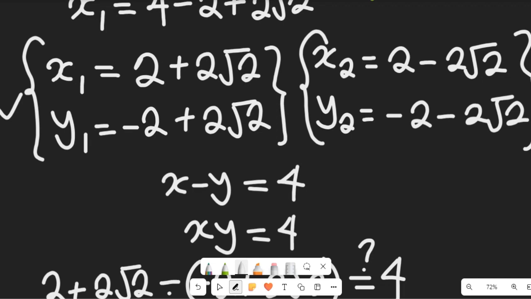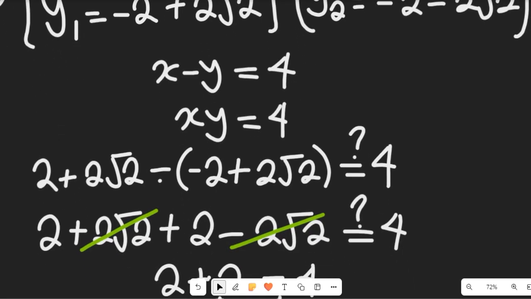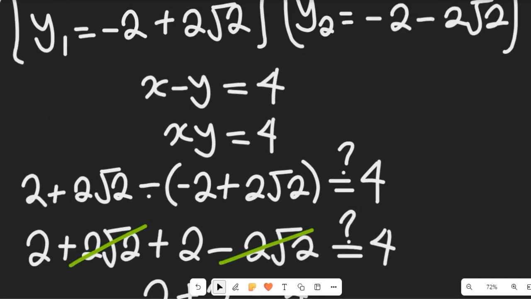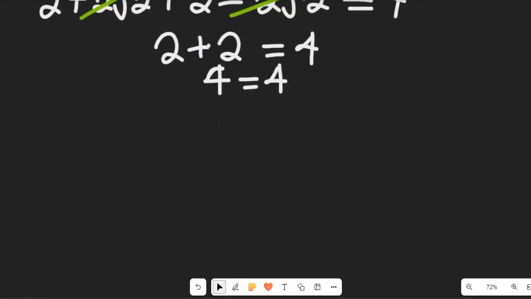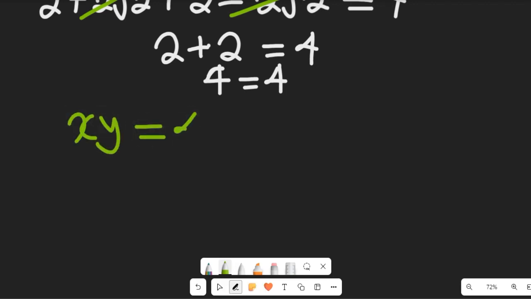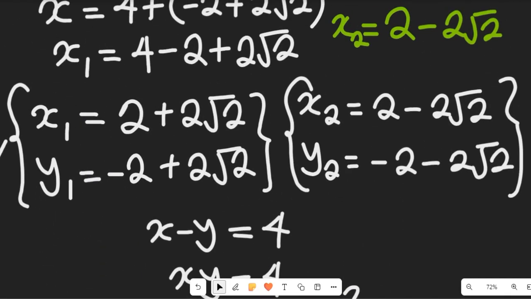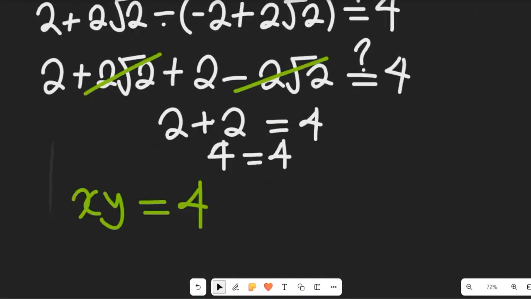Now let's try the second one using xy equal to 4. From the second one, we are given that xy is equal to 4. So x multiplied by y should be equal to 4. And what is the value of x? 2 minus root 2.